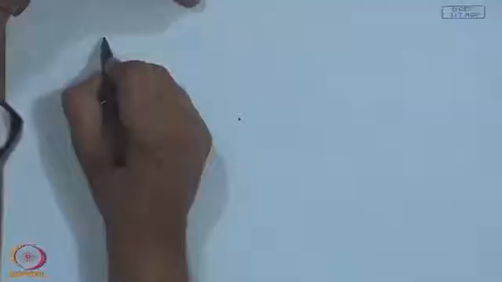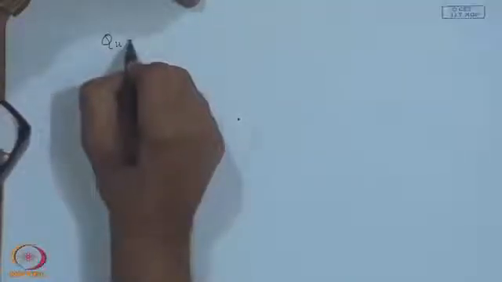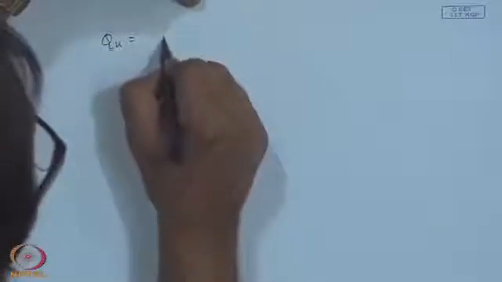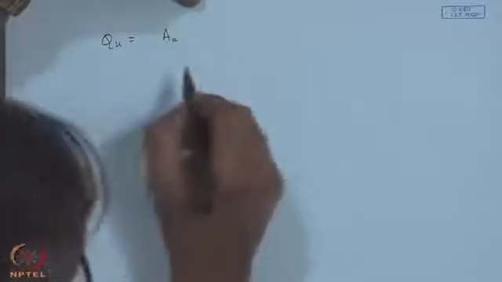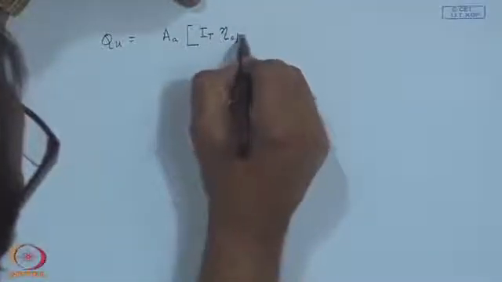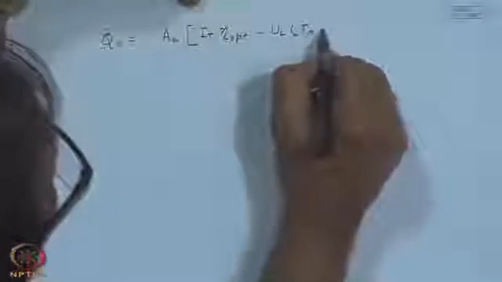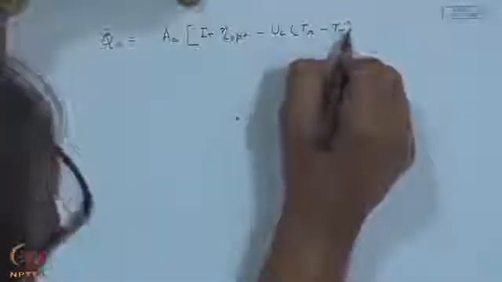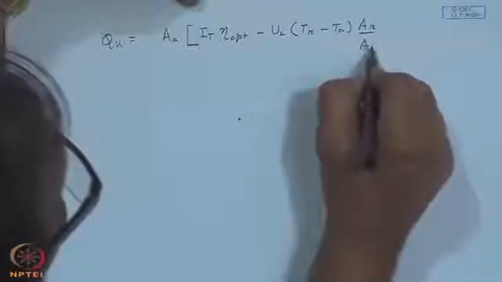So, now if we try to write it per unit area, or like in the standard form, I can write it as AA times IT eta optical minus UL times TR minus TA times AR upon AA.